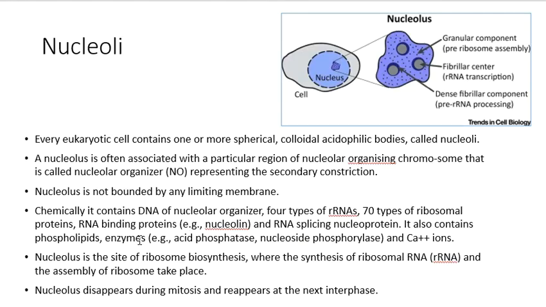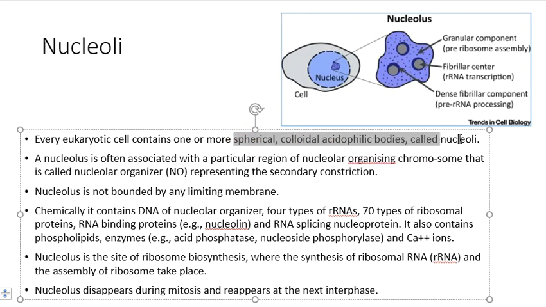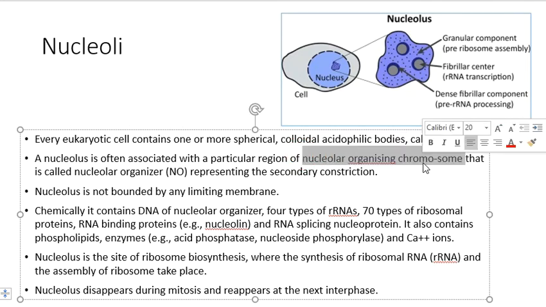Nucleoli. Every eukaryotic cell contains one or more spherical, colloidal, acidophilic bodies called nucleoli. The nucleolus is associated with the nucleolar organizing chromosome.